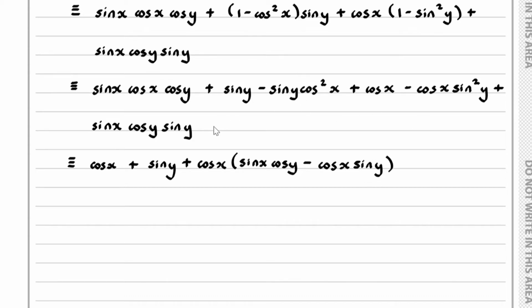And then from this term and then this term, I'm going to factorize out a sin y. And then inside the bracket, I would have sin x cos y minus, now here I would have cos x times the sine of y.